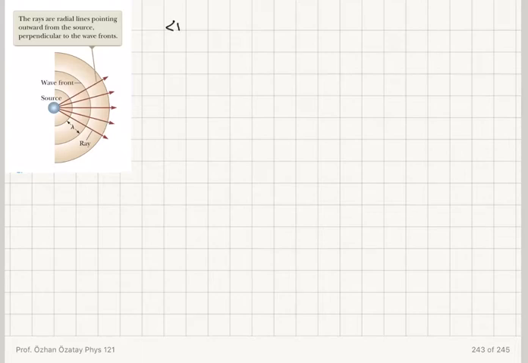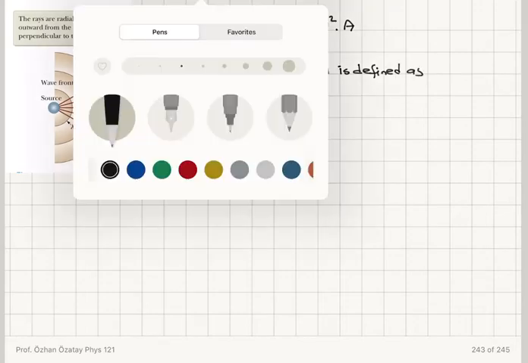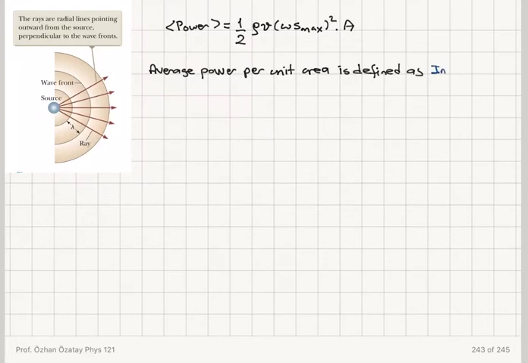So basically, I find that the average power I'm delivering in one period is 1/2 rho v omega squared s max squared times area A. Now we define the average power per unit area, averaged power per unit area perpendicular to the wave, as intensity.